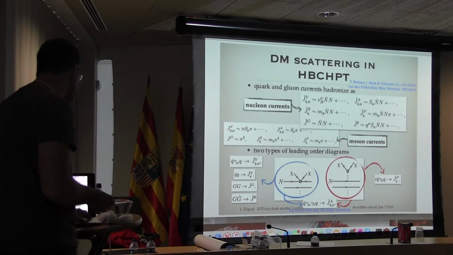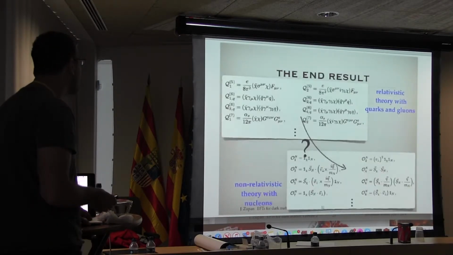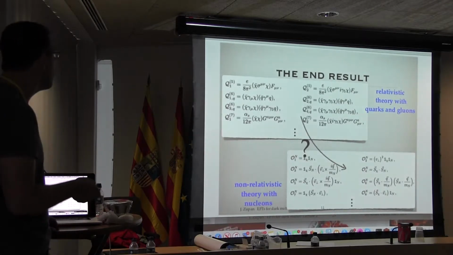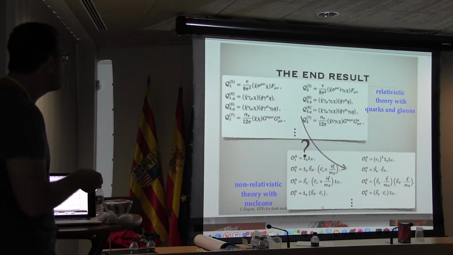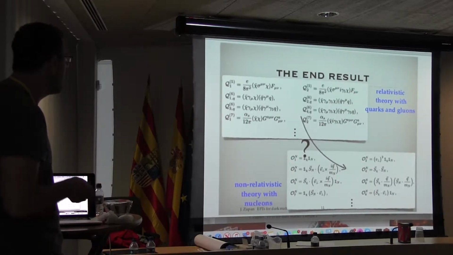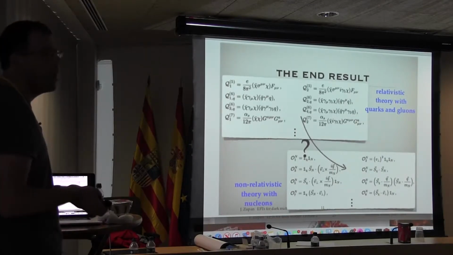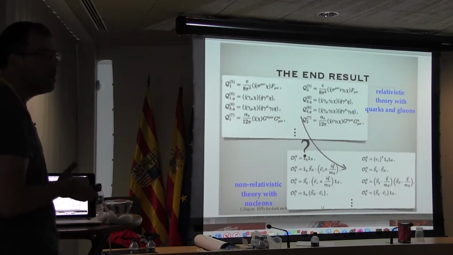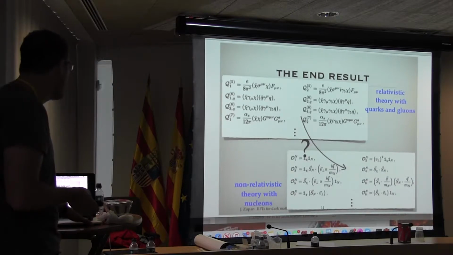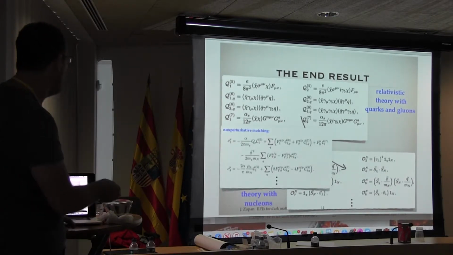Leading order contribution. So now if we collect everything, we have an answer of how you go from the coupling of dark matter to quarks, gluons, and photons to these non-relativistic operators. So we used chiral effective theory, and we have a translation.